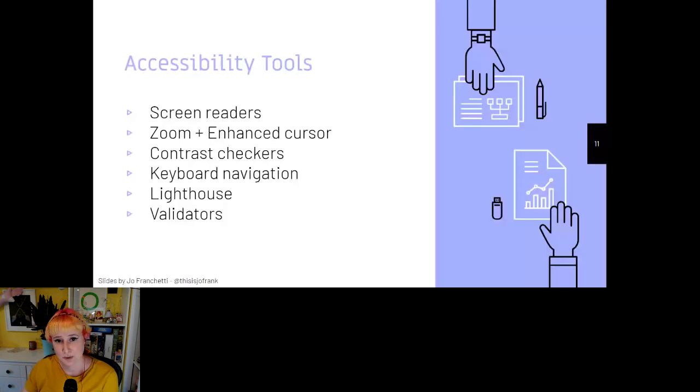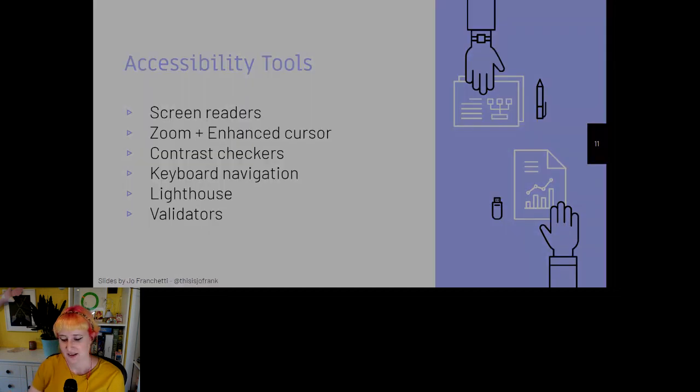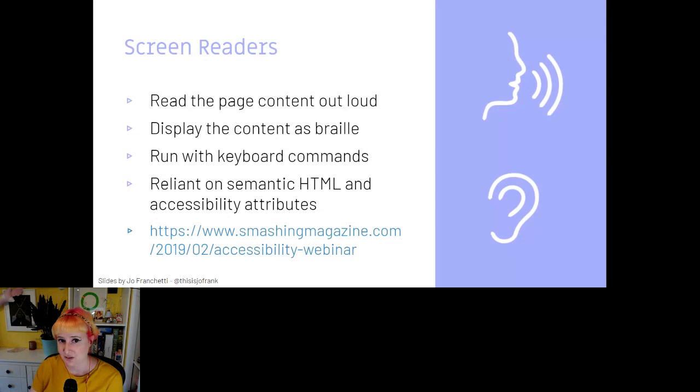And there's a whole load of tools that you can use, which will help you to build accessible websites as you go. So we have screen readers. These are sort of the best known of the accessibility tools. It's a software application that enables people with severe visual impairments to use a computer by reading the page audibly or by displaying it in Braille, so you can get Braille keyboards. And screen readers work closely with the computer's operating system.